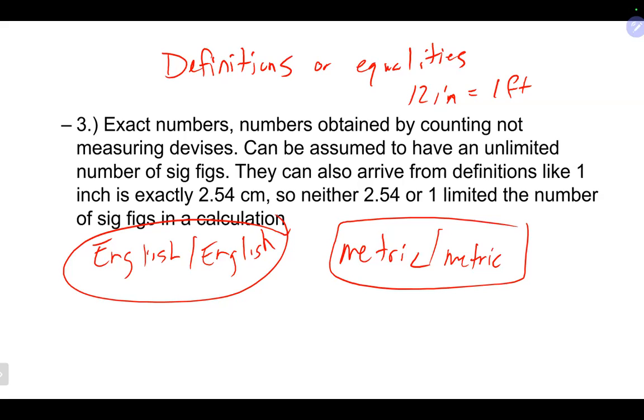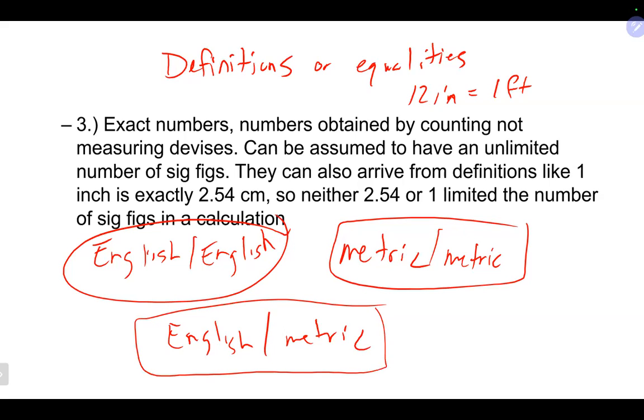Technically speaking, when you cross over and go English to metric or metric to English, however you want to think about it, you really should take into account the number of significant figures in that conversion factor.